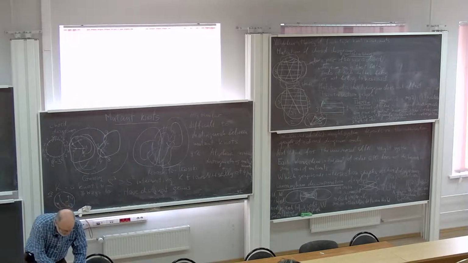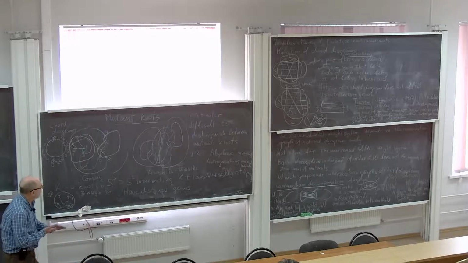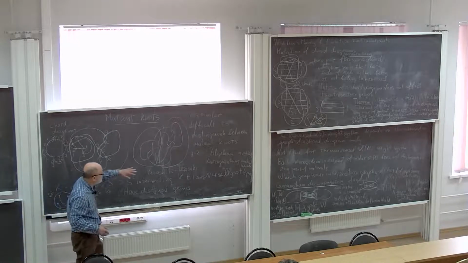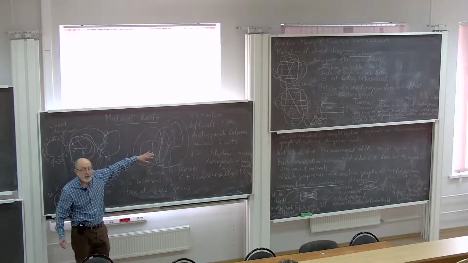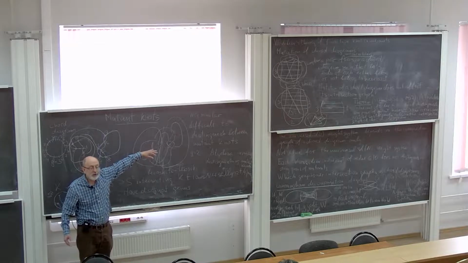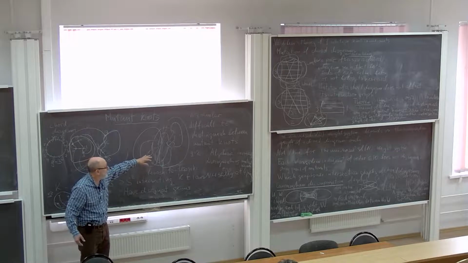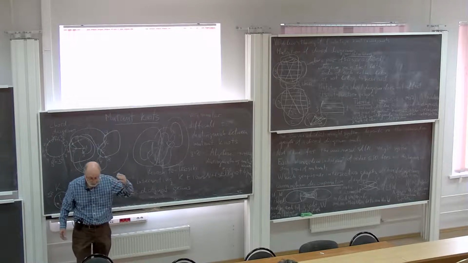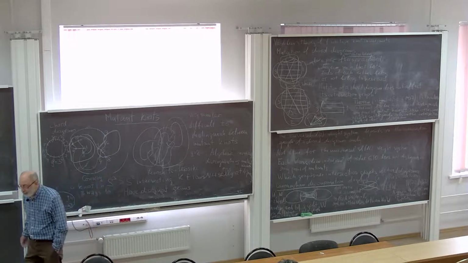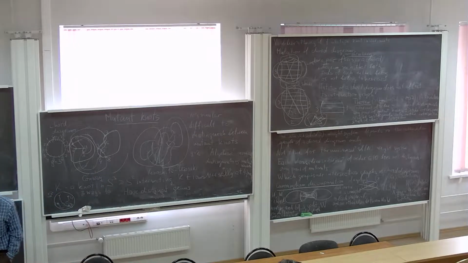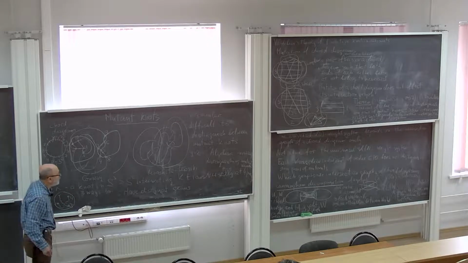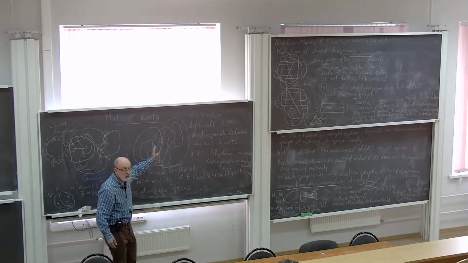One of the ways to study knots is to consider three-dimensional manifolds that are obtained as ramified coverings of the three-dimensional sphere, ramified along the knot.